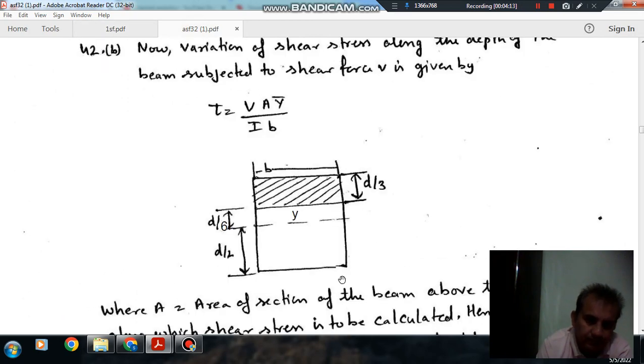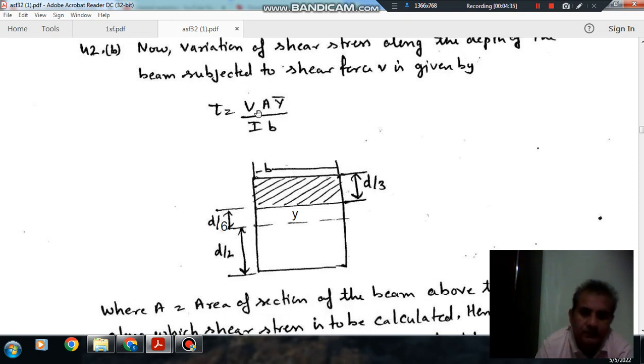Suppose this is your beam, and this is the neutral axis or central axis. This is a section of depth D by 3, so from the neutral axis it is D by 6 to D by 2, and the width is B.